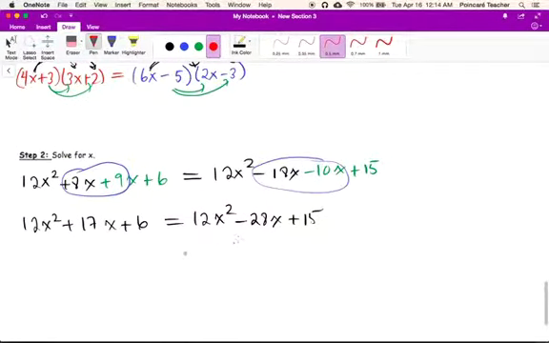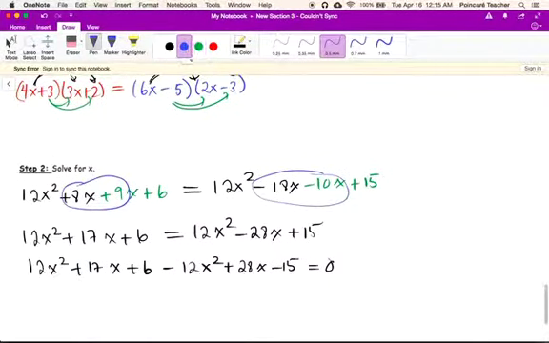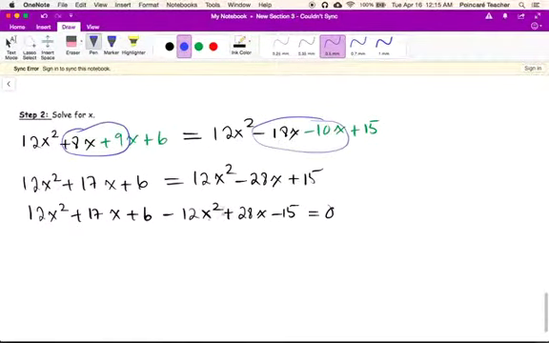Now I'm going to subtract all these terms over. So I'm going to subtract the 12x squared over, and then I'm going to add the 28x, and I'm going to subtract the 15. Okay, so the 12x squared and the 12x squared here are going to subtract to give me 0.